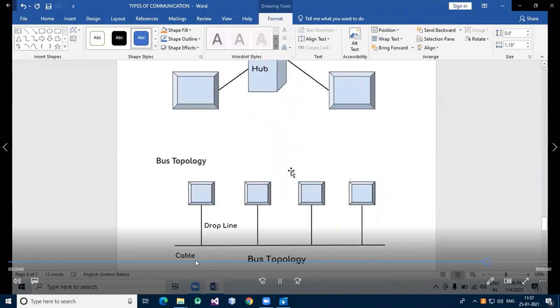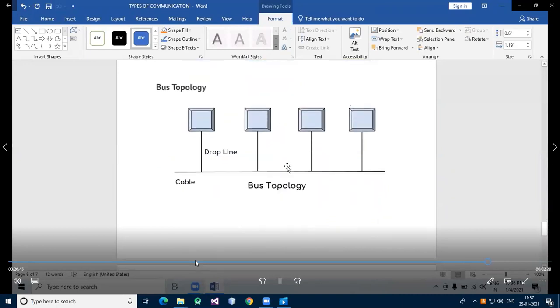Now next, bus topology. In bus topology, there is a main cable and all the devices are connected to the main cable through drop lines. There is a device called a tap that connects the drop line to the main cable. Since all the data is transmitted over the main cable, there is a limit on the drop lines and the distance the main cable can have.